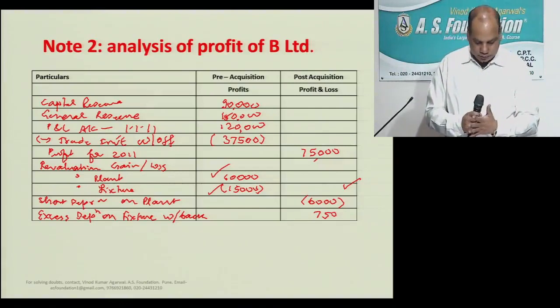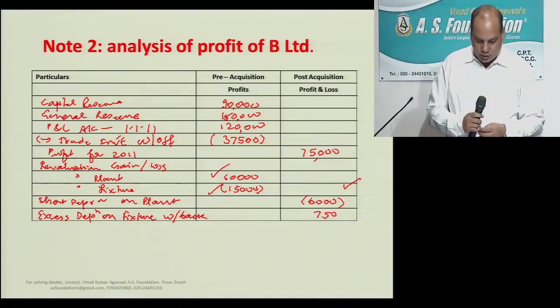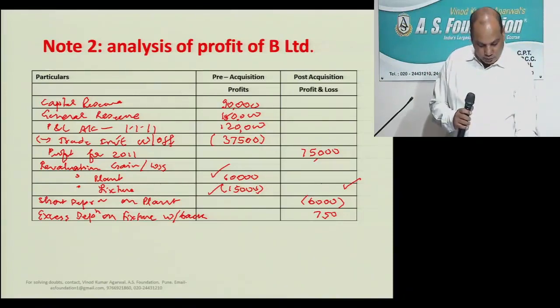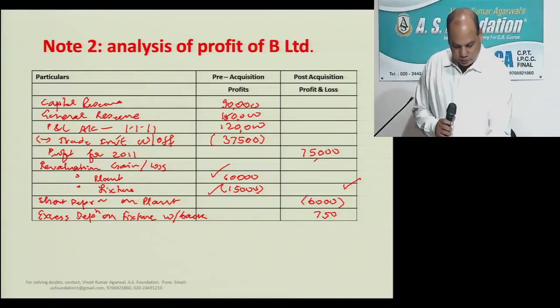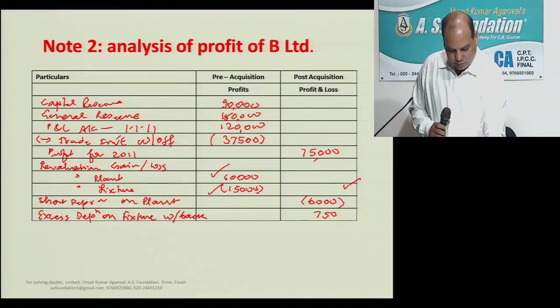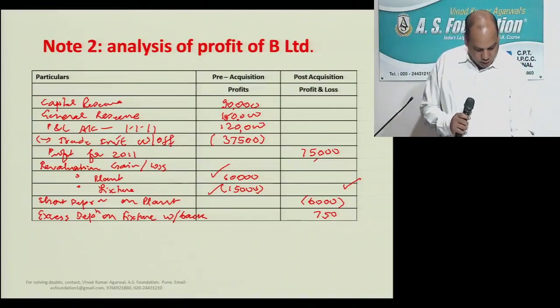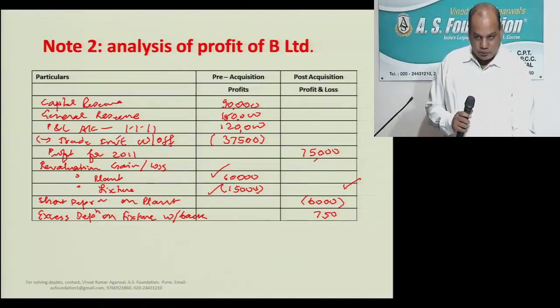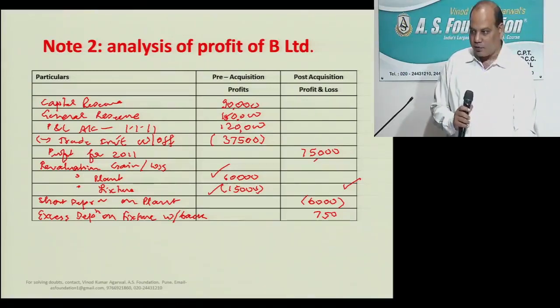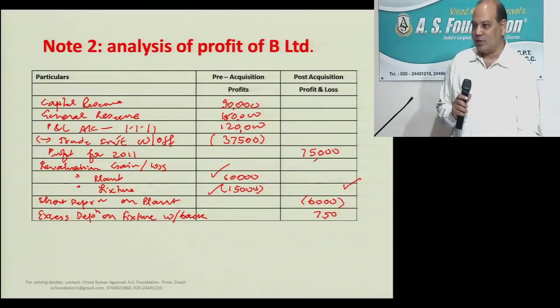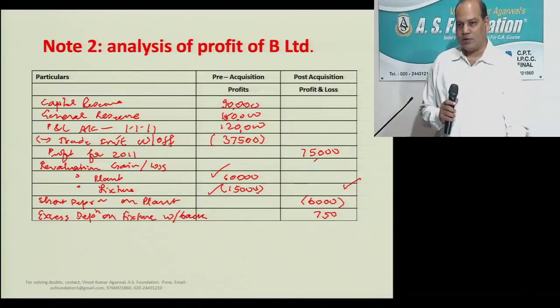Point number 3. What is point number 3? Keep point number 3 in front of you. The stock of B included 60,000 goods purchased from A, who have invoiced these goods at cost plus 25%. So there are two effects.